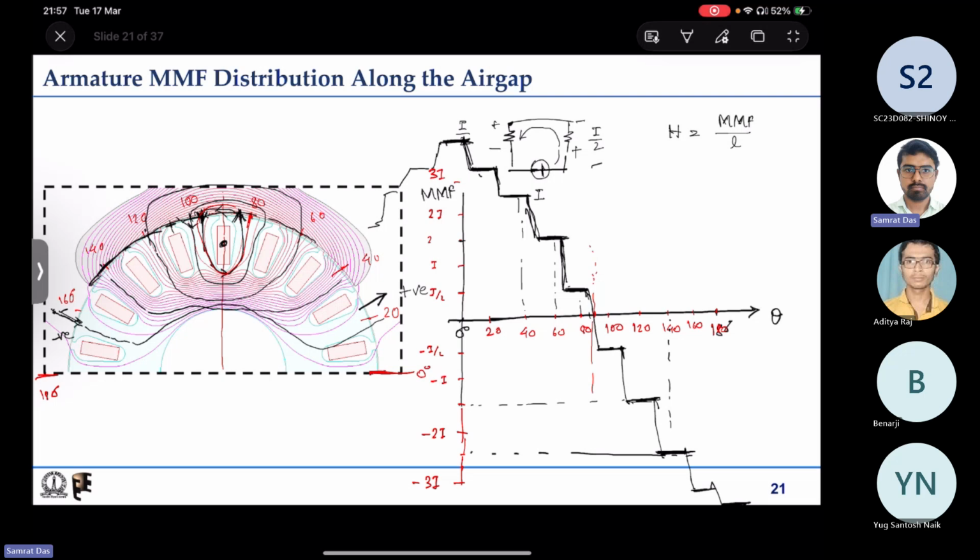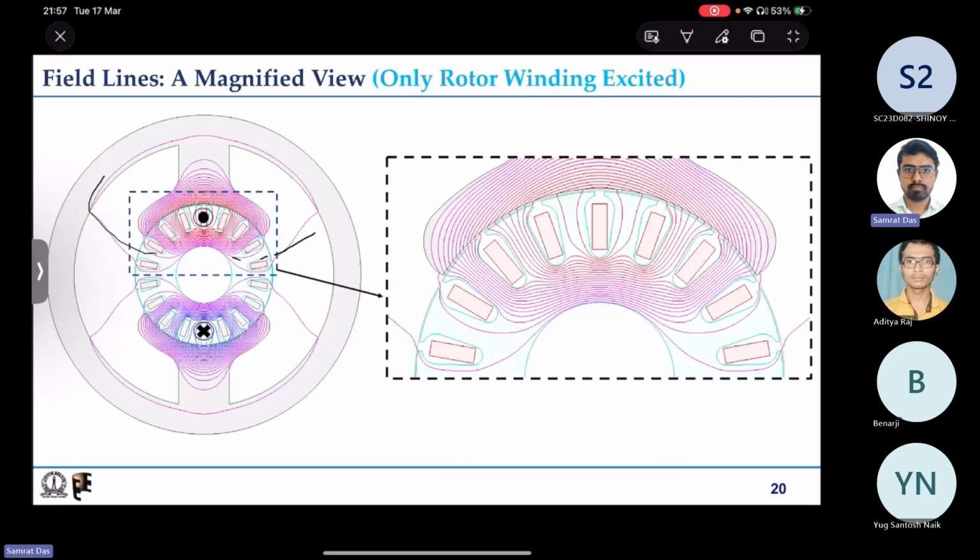So actually, if you look at the air gap length as a function of theta, then all these places where the stator pole is facing one rotor tooth, there it is G, it is always constant.